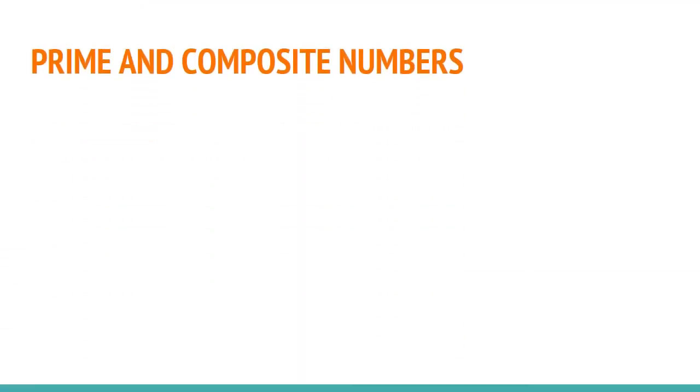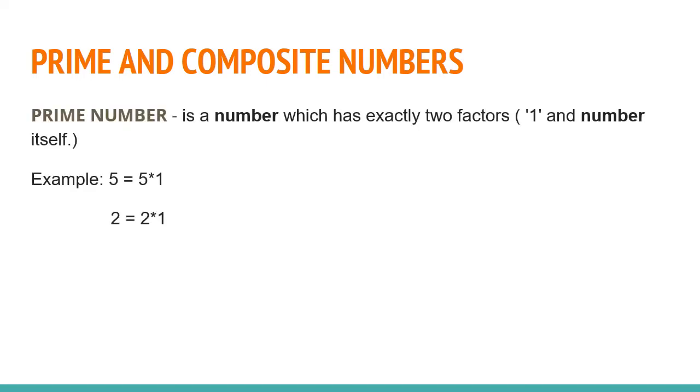Let's first define the prime and composite numbers. A prime number is a number which has exactly 2 factors, which is 1 and the number itself. Anong example nito? Meron tayong 5, meron tayong 2, meron tayong 3, pero dito sa aking slide, ang pinakita kong example is yung 5 and 2.